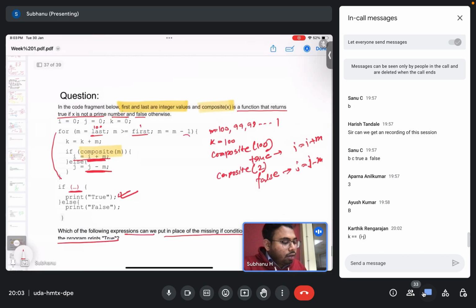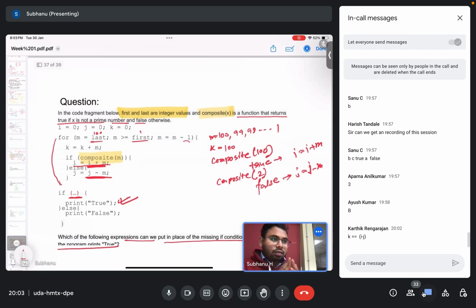Prime numbers are few; if you check between 1 to 100, prime numbers are very few. So whenever the number is not a prime number, the i value will increase, so i will be the greater one. So I will be doing i minus j. That's why k is equal to i minus j is an invariant.